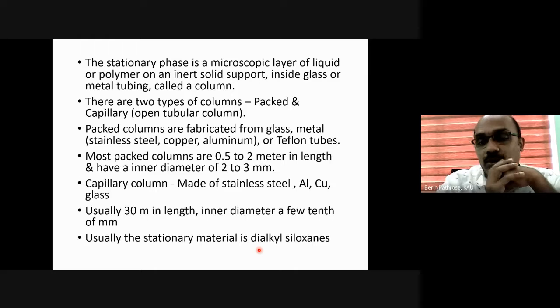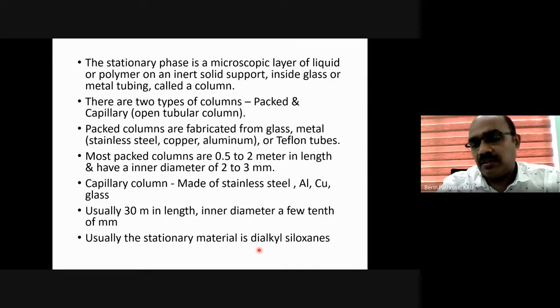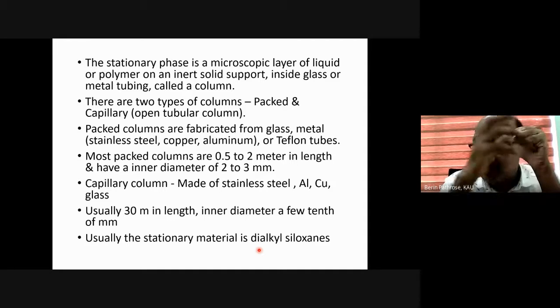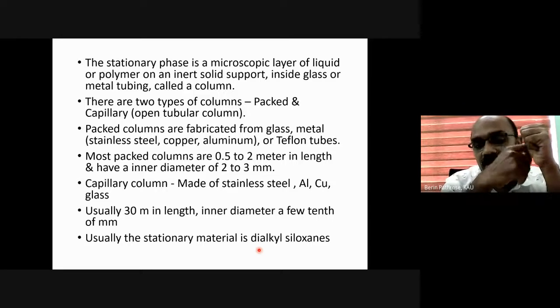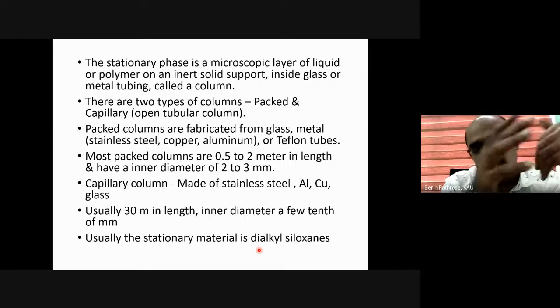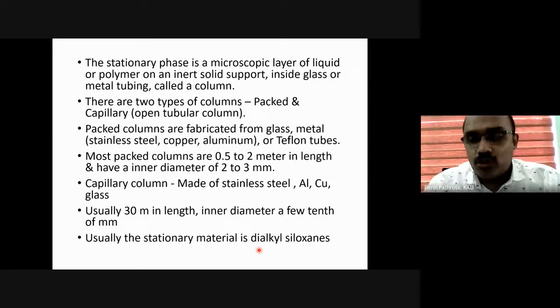Normally that liquid is made up of siloxanes, the stationary material being dialkyl siloxanes. So these siloxanes will have varying affinity towards compounds, and depending upon the affinity, we can separate out the compounds. I will show a capillary column.